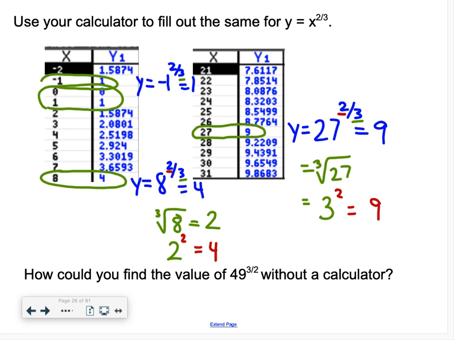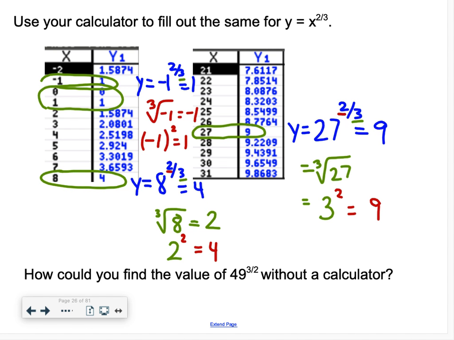Same thing with the -1. If I do the cube root of -1, and I can cube root negative numbers, right? Because negative times negative times negative is still negative. So that's still -1, but then -1 squared is +1. So maybe you were making these connections.